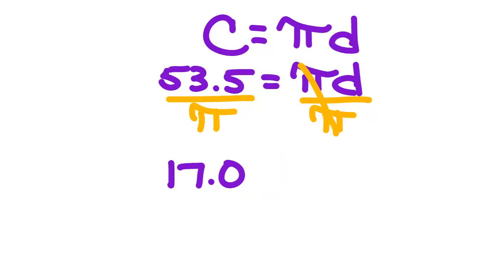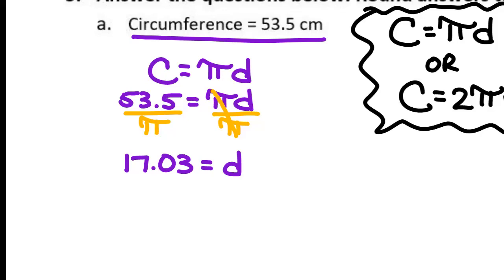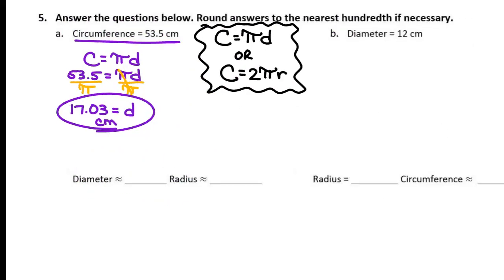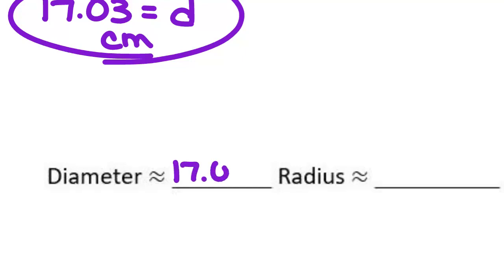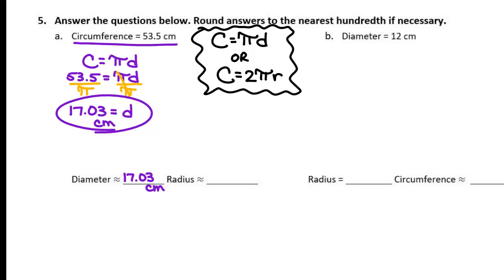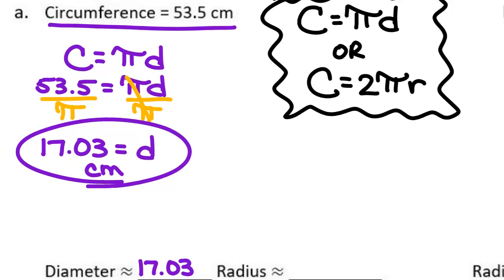Yeah. So we'll call it 17.03. Do we have units with that? Centimeters. So here's my diameter, 17.03 centimeters.